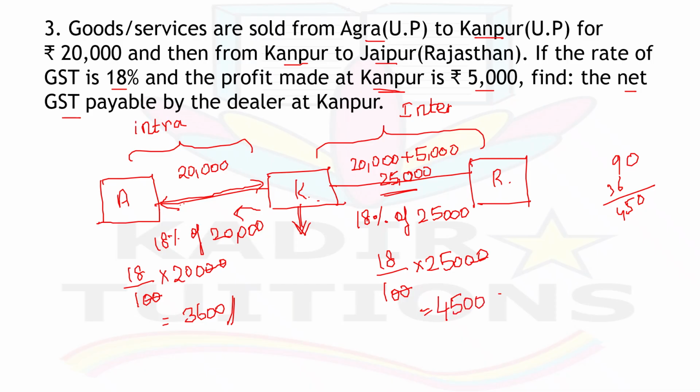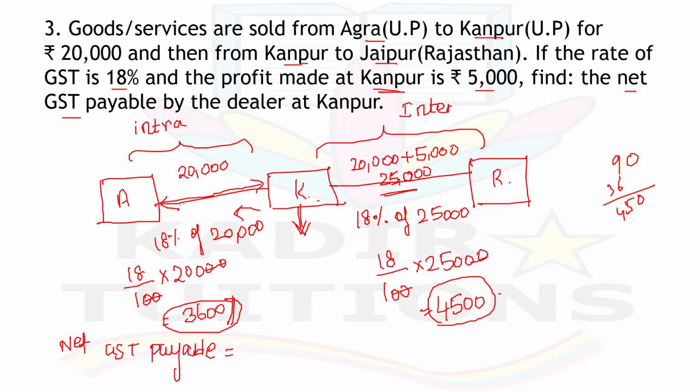So how much GST has the Kanpur person paid? 3,600. How much GST is the Kanpur person getting? 4,500. So what is the net GST payable? Okay, net GST payable by whom? By Kanpur, by the person who belongs to Kanpur.